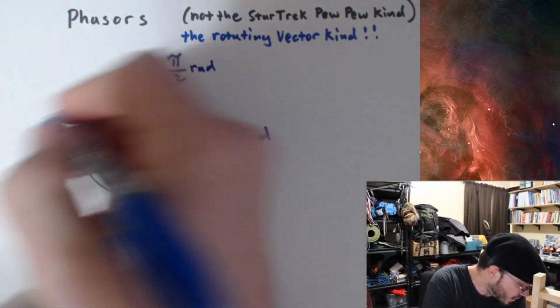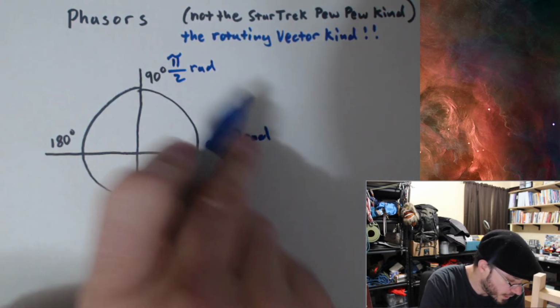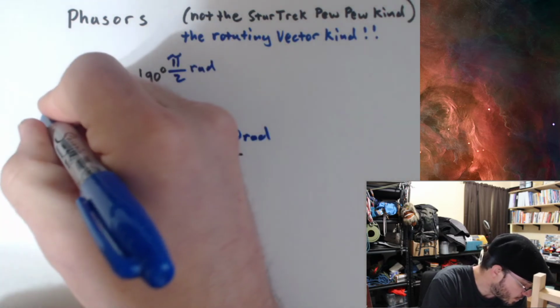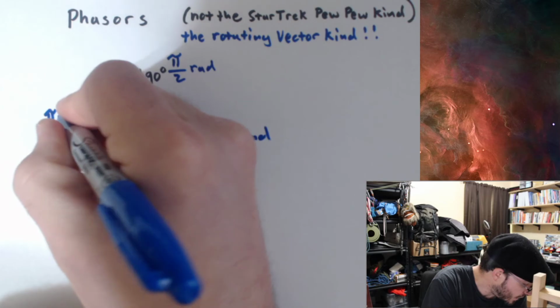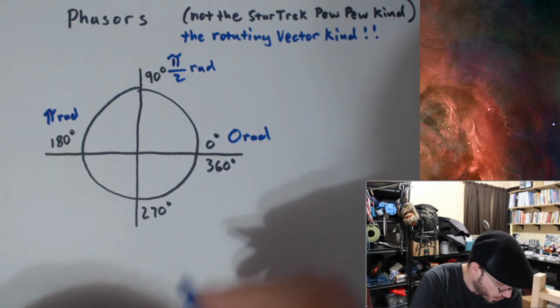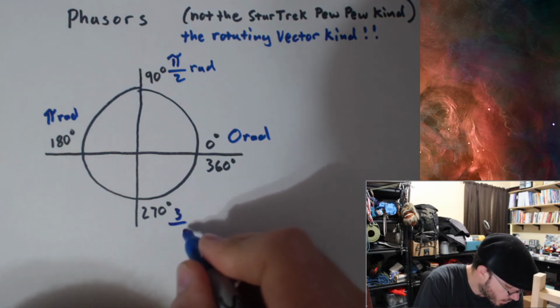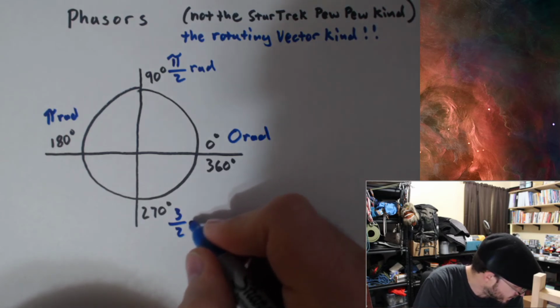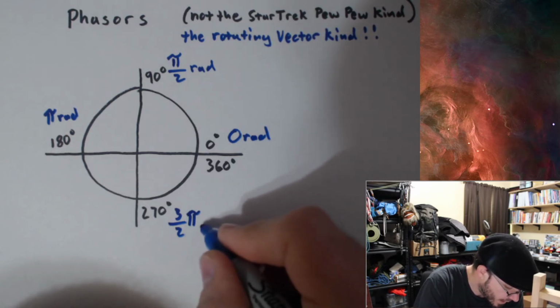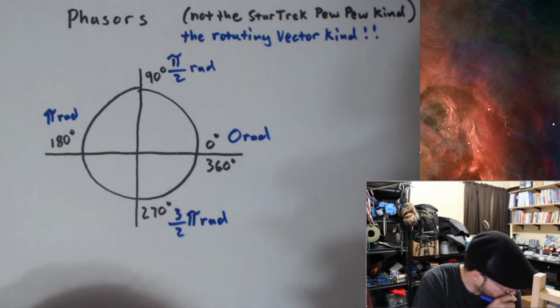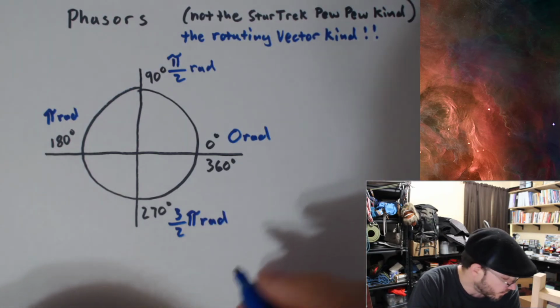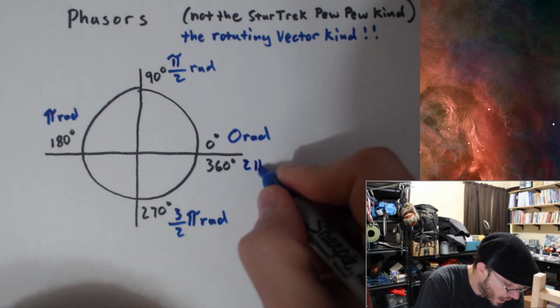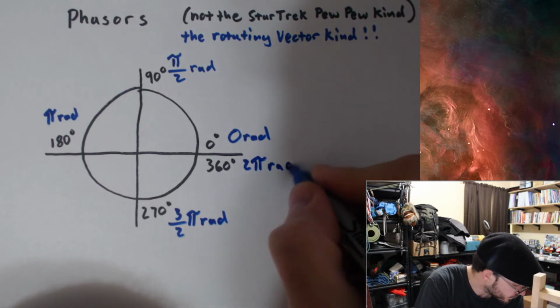And over here, once we complete 180 degrees, we would be at pi radians, and keep on going. We hit 3 over 2 pi radians, until we come back around and complete our full circle at 2 pi radians.